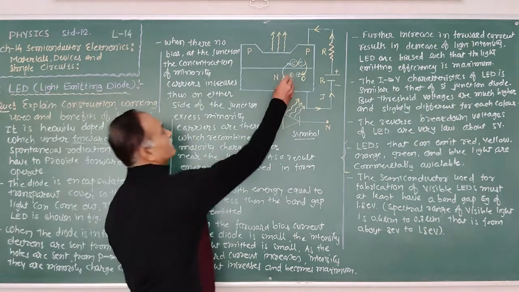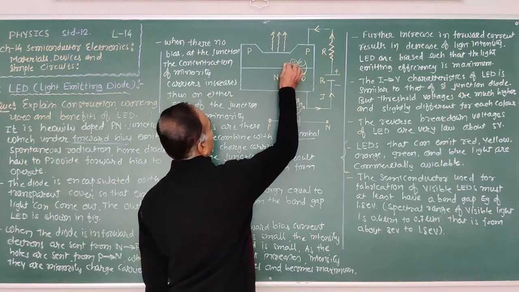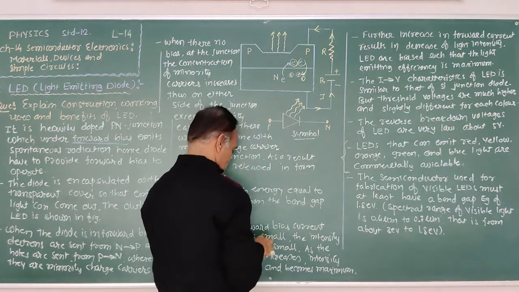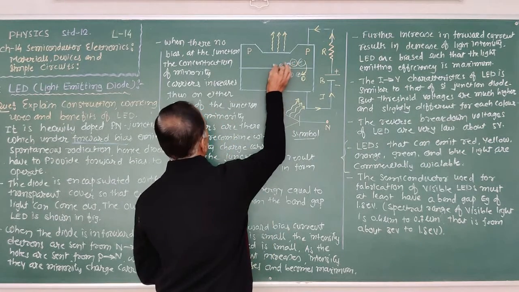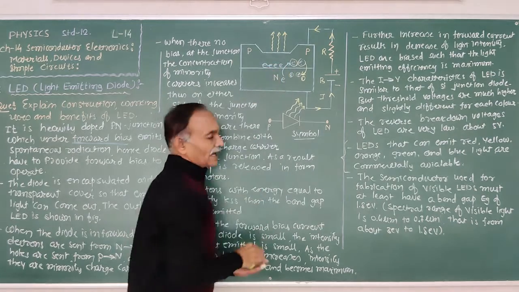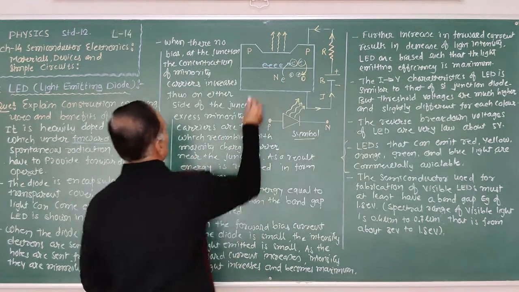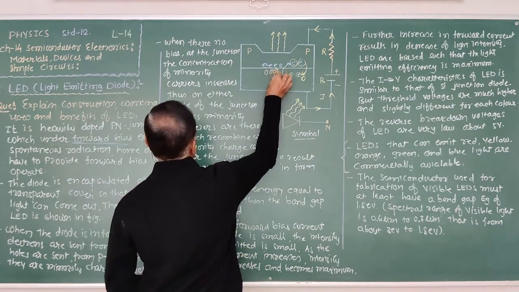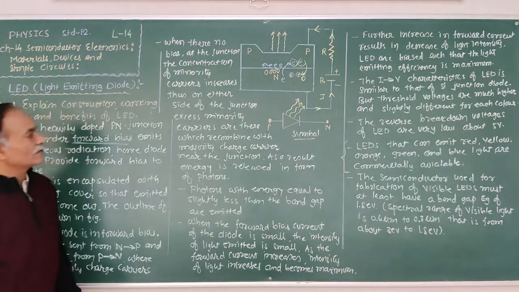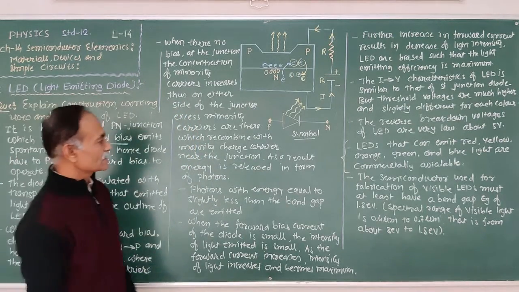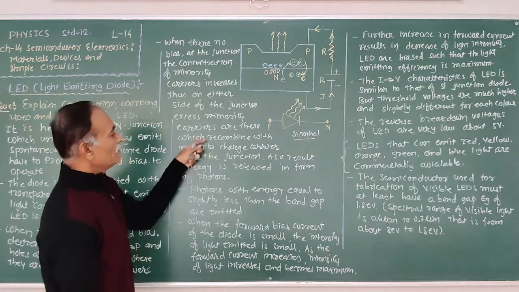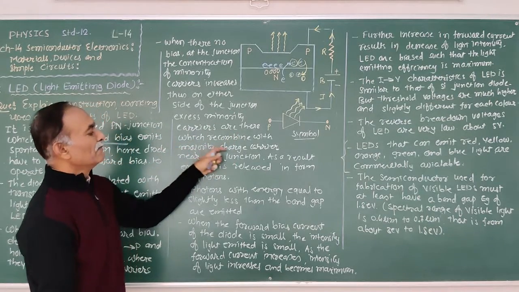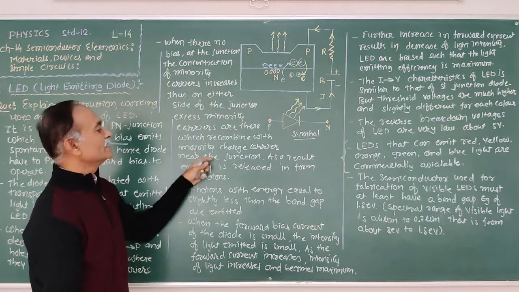Therefore, on the P side, the number of electrons increases, while on the N side the holes increase due to diffusion, which recombine with the majority charge carriers near the junction.